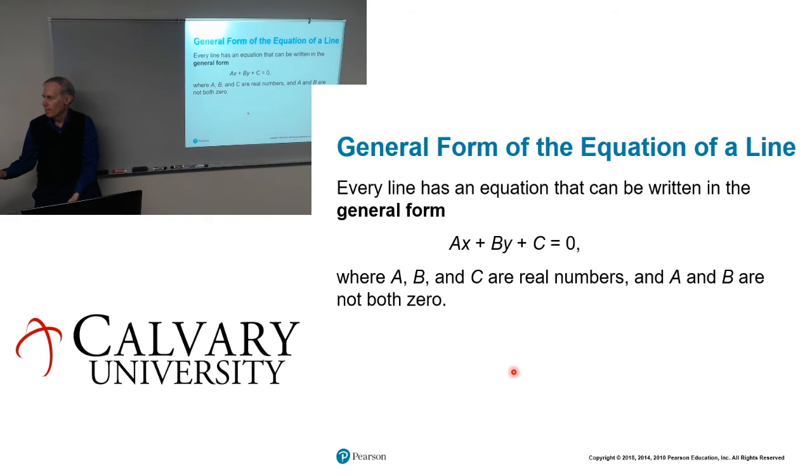All right. So even though those are the two most common forms, the point-slope form and the slope-intercept form, there is a third way of expressing the equation of a line, which doesn't really tell you what it looks like, but it can aid you in graphing the line.